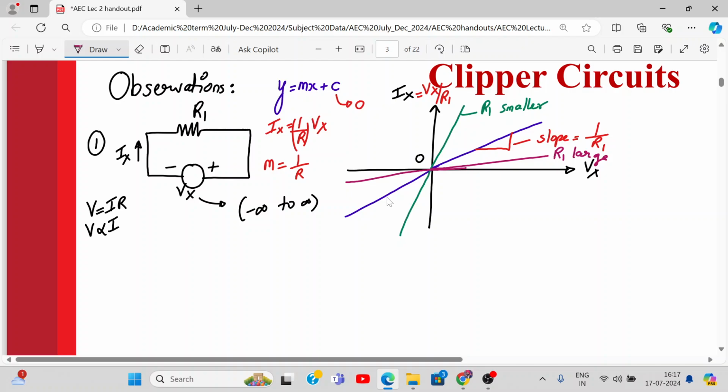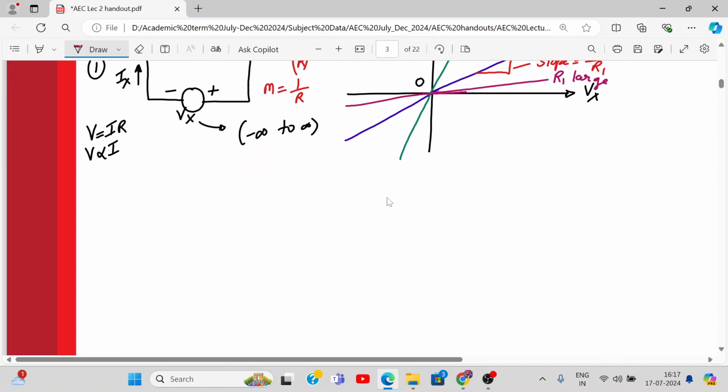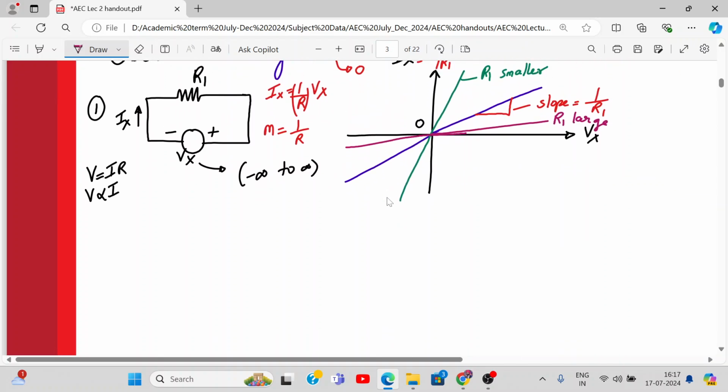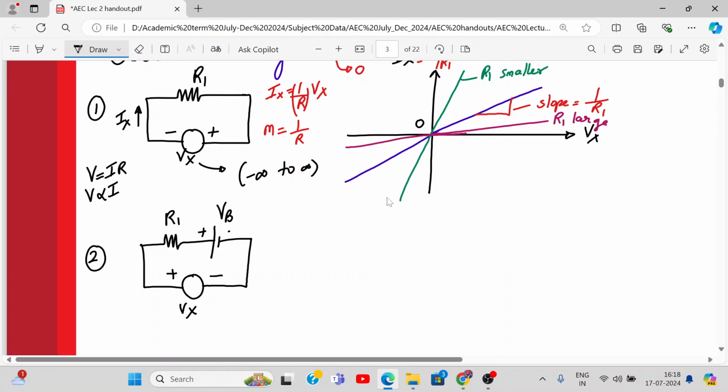Okay. So now let us tweak a little bit and do some slight modification in the same circuit. So let's say again you have a resistor, then you have a battery VB, you have Vx, R1, and this is Vp.